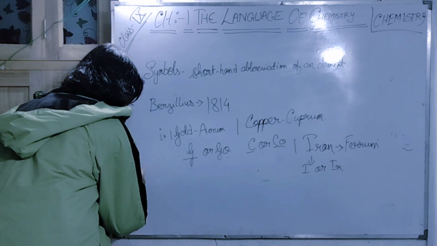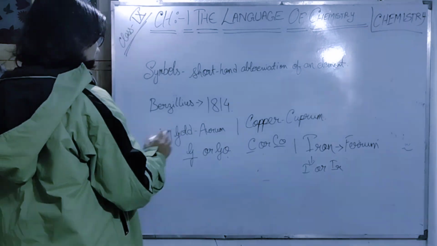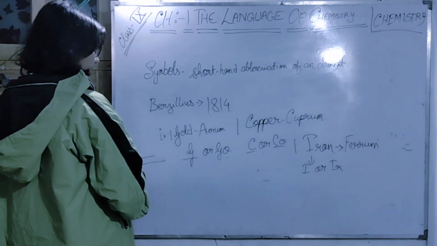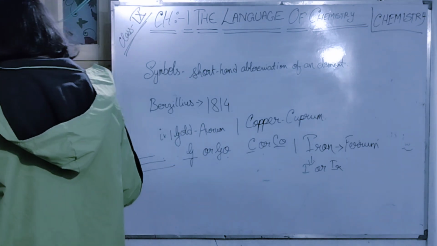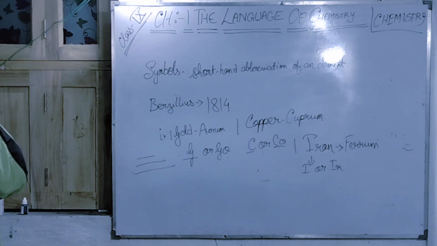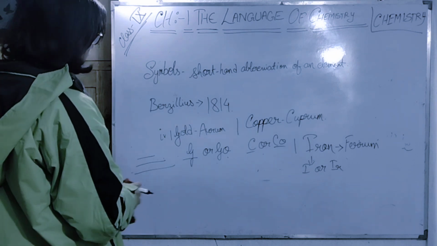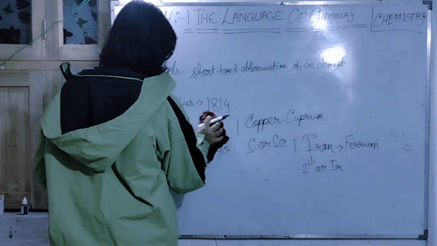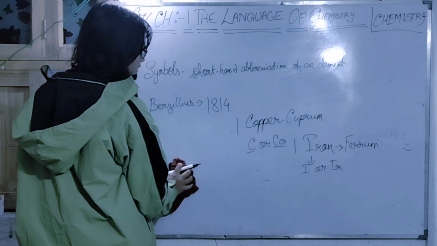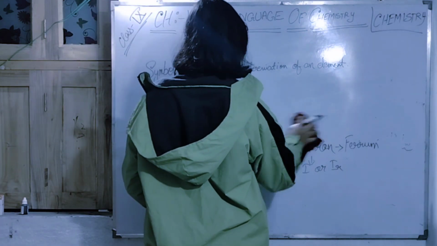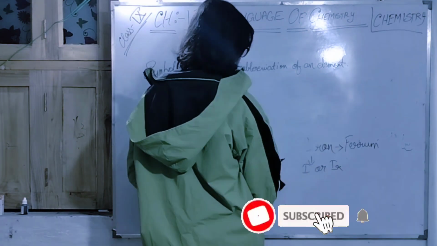Gold has aurum, copper has cuprum, iron has ferrum, mercury has hydrargyrum, potassium has kalium, silver has argentum, lead has plumbum, sodium has natrium. These are some of the examples. This was the fourth rule given by the scientist Berzelius.